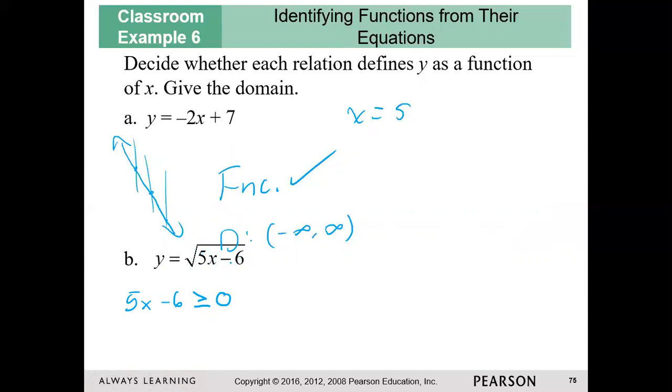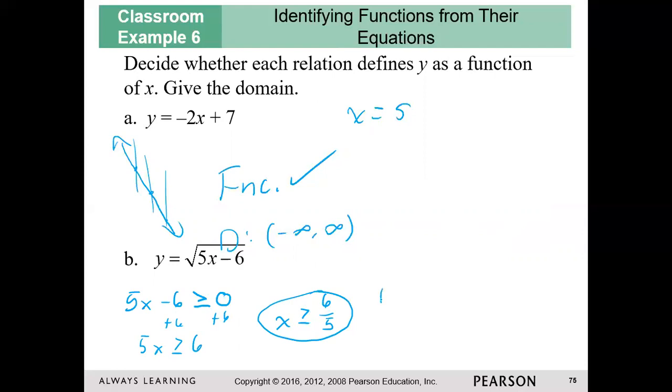So how do we make sure that it's not negative? We make sure that it is greater than or equal to 0, because these are the values that are positive. And then we solve for x. So we're going to add 6, you get 5x is greater than or equal to 6. You get x is greater than or equal to 6/5. So these are the values that x can be.